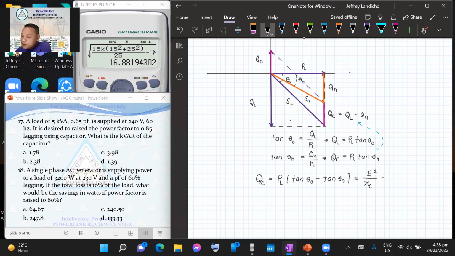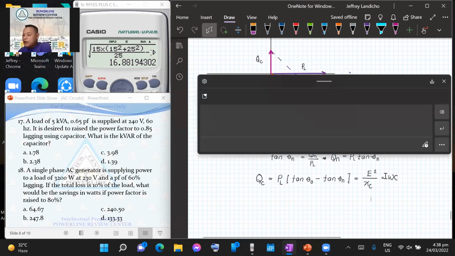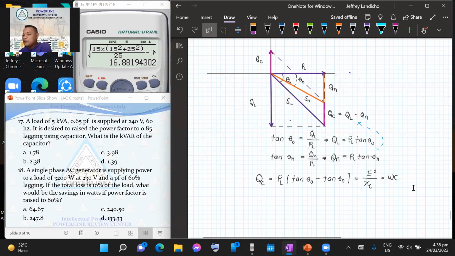Alam natin 1 over X sub C is equal to omega times C, kasi alam natin, 1 over omega C is X sub C. Kaya 1 over X sub C is simply omega C. Angular velocity multiplied by the capacitance multiplied by your E squared.